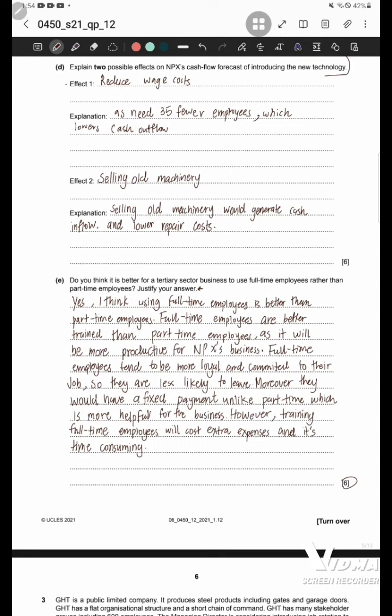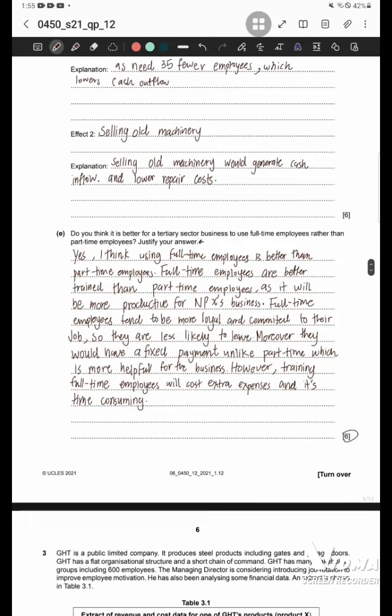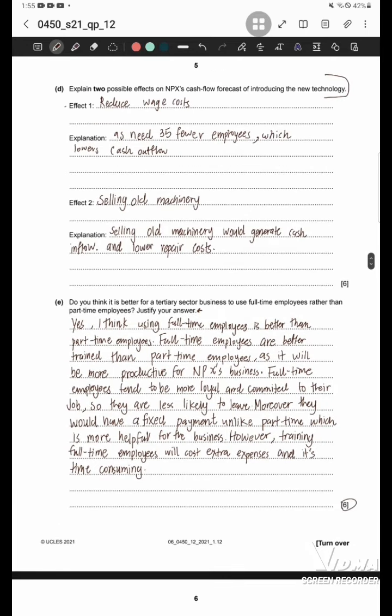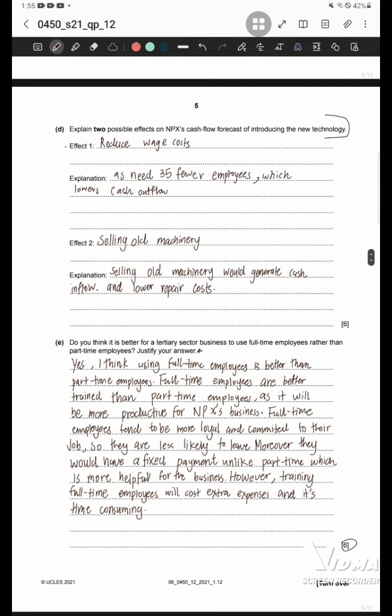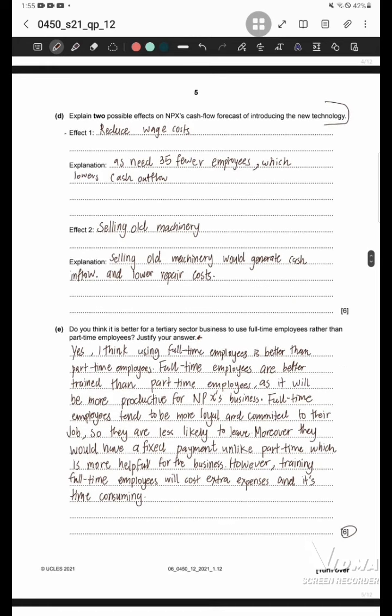After writing this, you can rephrase the answer however you like. So my answers are usually done this way. It's sometimes a bit longer, but it depends, like I said, on the question, whether it's a 6 mark, a 9 mark, or a 12 mark, which are questions that you'll see in paper 2. I personally prefer paper 2 way more than paper 1, because paper 1 usually has fixed answers.